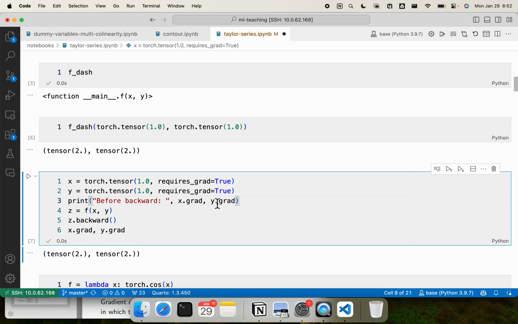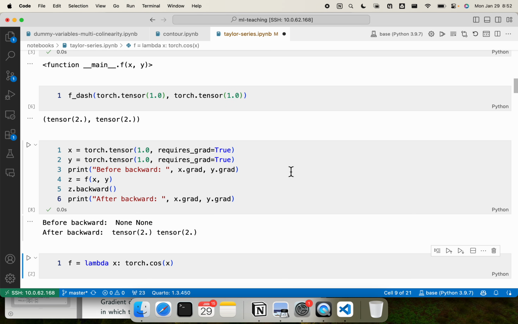If we print out the values before the backward pass has been initiated, there is no value in the gradients because you don't know with respect to what you're computing the gradient. Once you have created a function of the inputs x and y, then you call the backward method on it, you are able to propagate the gradients or compute the gradients. We'll study this in more detail.